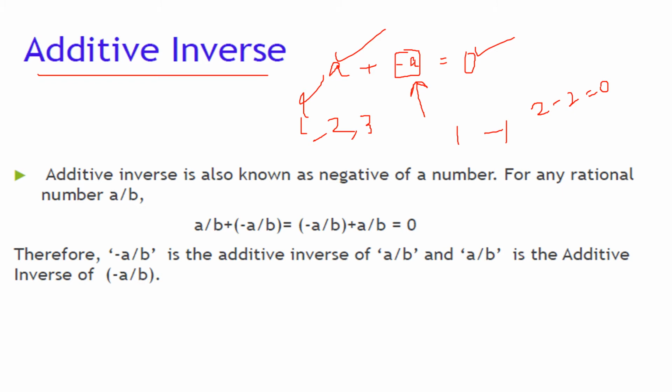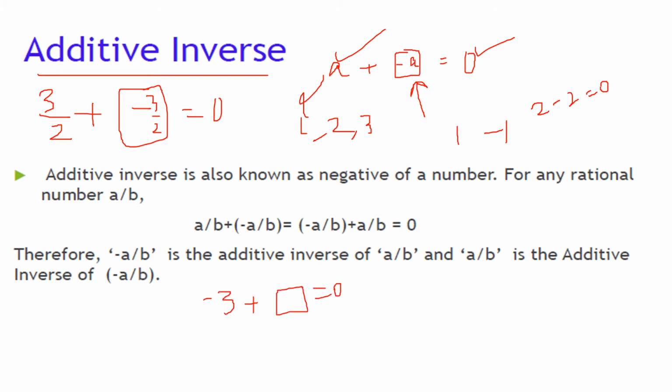If someone says, what will you add in 3 upon 2? I will say, I will add minus 3 upon 2. Whatever the number is, just put a negative in front of it and it becomes 0. If the number given to you is negative like this, minus 3, now what will you add in minus 3 to get 0? Very simple, we will add plus 3. If someone says 5 upon 7, what will you add? You will say minus 5 upon 7.